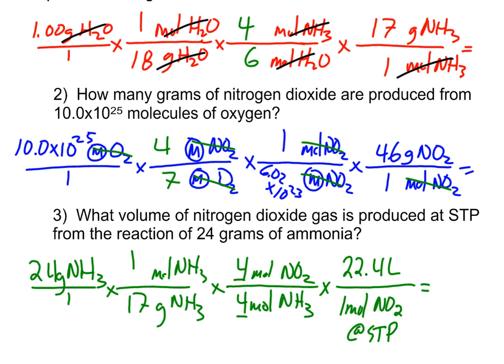All we have to do is recognize that it's a gas at STP, and then the conversion factor is 22.4 liters to 1 mole. Doesn't matter what gas it is, we can use the same conversion factor. Double check, make sure our units all cancel out, and our answer would then be in liters of the NO2 when we do this.